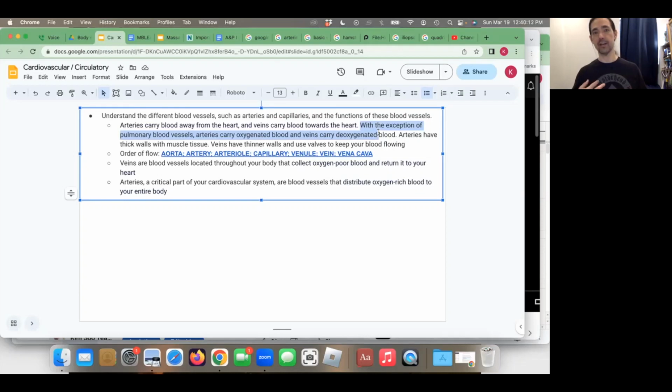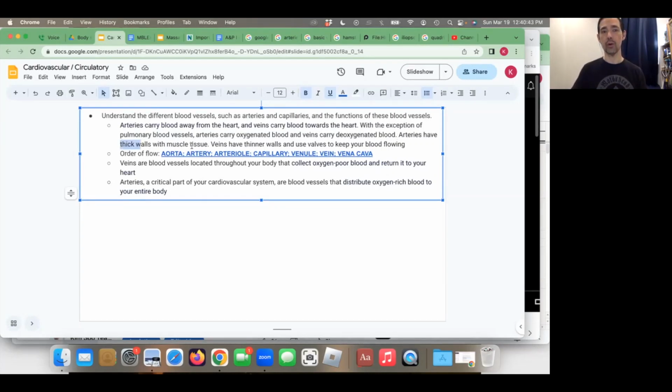The pulmonary arteries carry deoxygenated blood away from the heart to the lungs, and the blood picks up oxygen, and the pulmonary veins carry oxygenated blood from the lungs back into the heart. So with the lungs, it's reversed. Arteries carry oxygenated blood throughout the body. Veins carry deoxygenated blood from the body back to the heart.